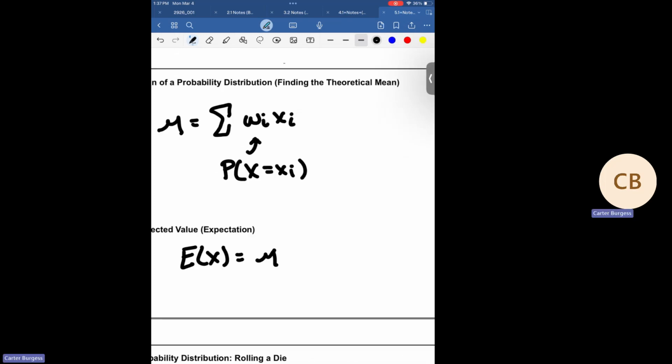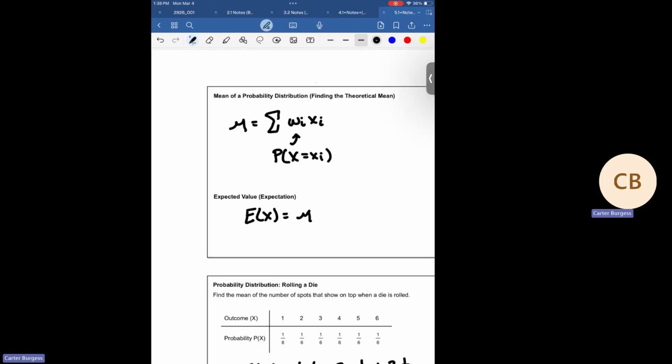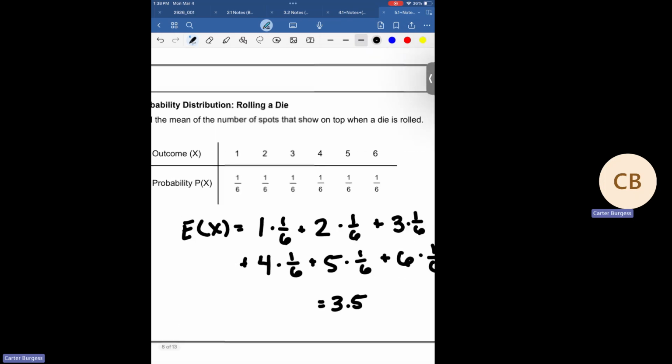The formula here, the mean formula that we have, is just our weighted average formula, right? It's the sum of the weights times the values. And here we're saying that the weights are coming from the probabilities of our random variable being at that particular value. And then the sum just means we're adding them all together. I don't just want to know my contribution from the 1.